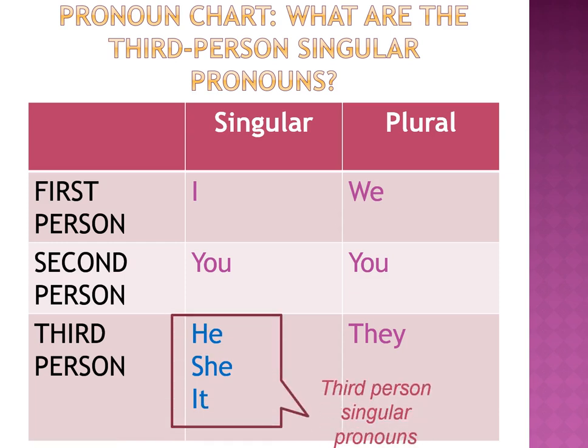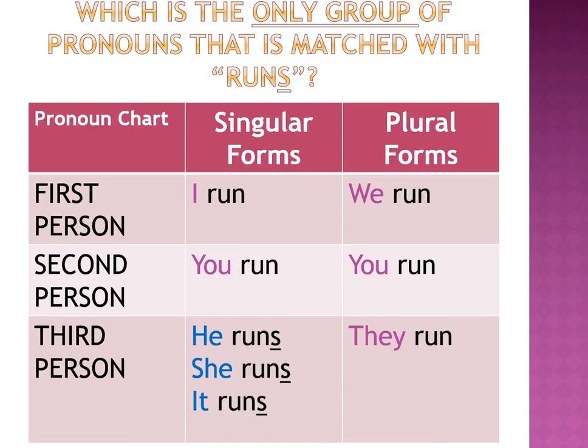We call these the third person singular pronouns, and they are special. Let's see why they are special. Look, when we add the verb run to each of these subjects, look what we get. We have I run, we run, you run, they run. But if we look into the third person singular group, look what happens to our verb.